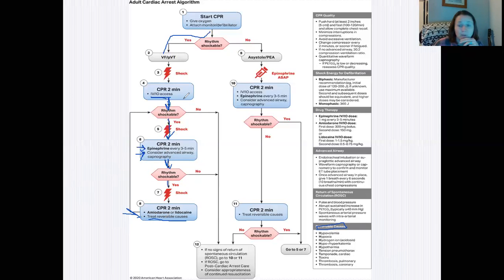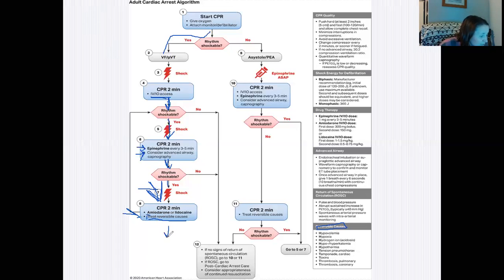So remember, 2 minute cycles, CPR, shock every 2 minutes if you can. Epinephrine, it's the first thing you give every 3 to 5 minutes. So you can't give it every cycle, remember, because it's 2 minutes. So like this cycle here, we may be placing that advanced airway. We may be starting an amiodarone drip trying to figure out what's going on.